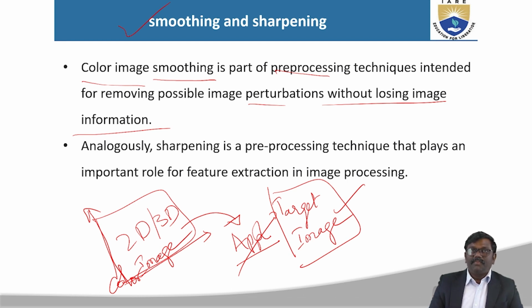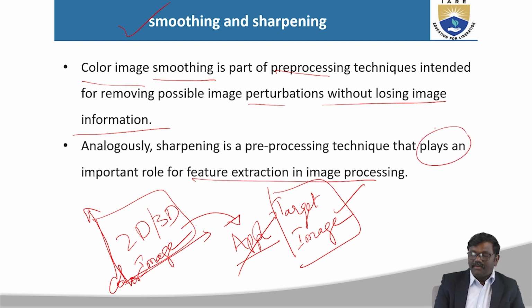Whereas sharpening, analogously, is a pre-processing technique that plays an important role for feature extraction in image processing.